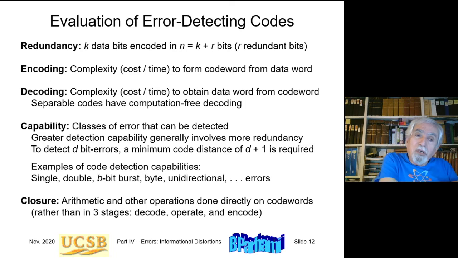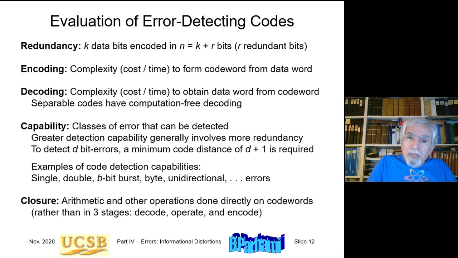Therefore, we prefer codes that are fast in terms of encoding and decoding, and also require simple circuitry for encoding and decoding. Simple because it limits the cost and also the power consumption.